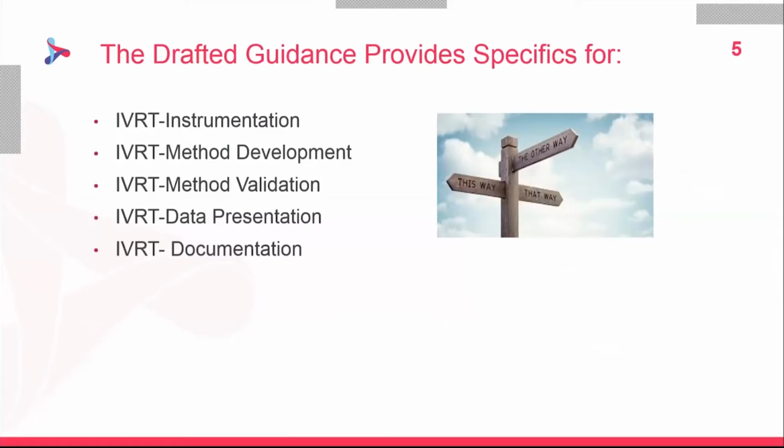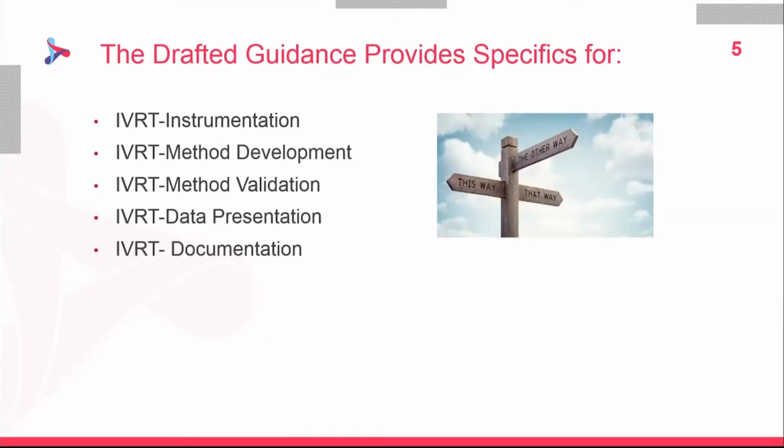The draft document provides complete guidance on method development, validation, and data interpretation. Admittedly, for the first time, we got such comprehensive guidance. This, of course, is not SOPs, but it quite completely emphasizes all the key points. IVRT instrumentation: which instruments are preferable, and how they could be qualified.